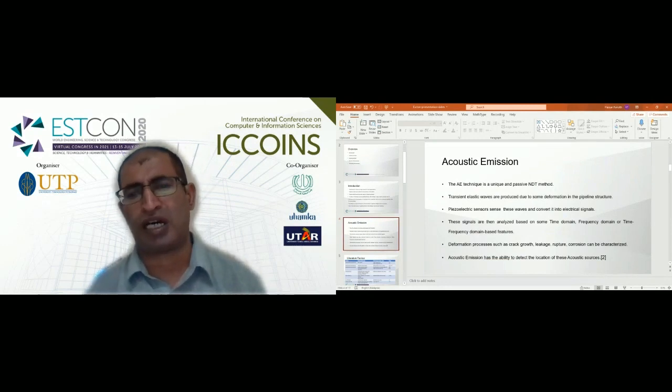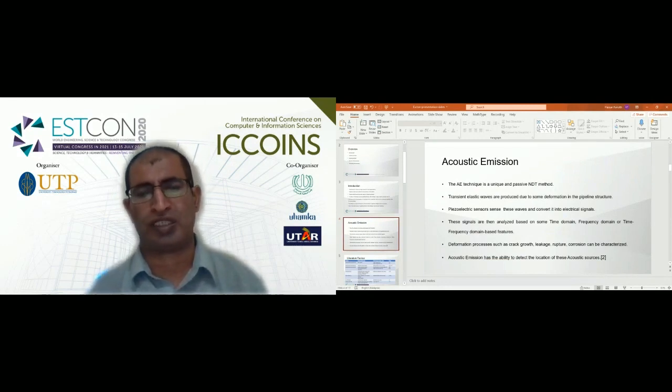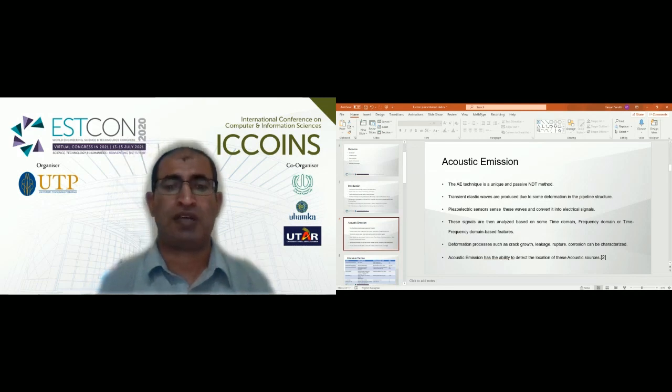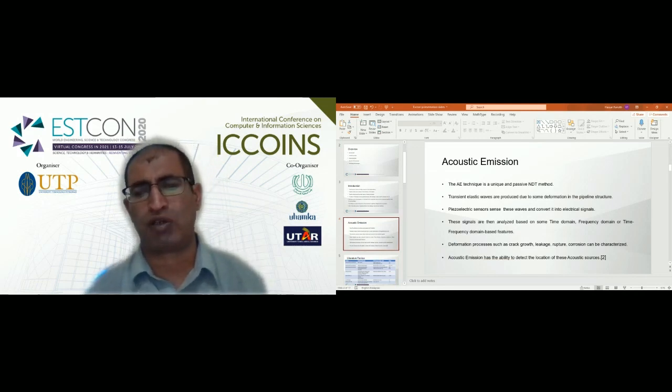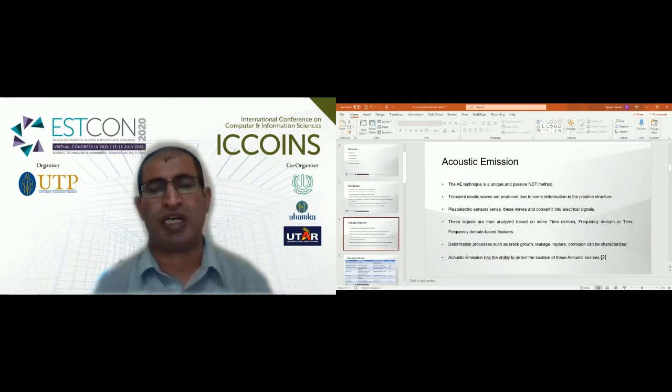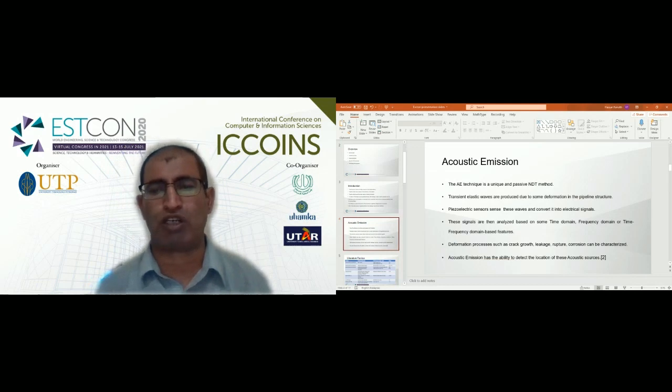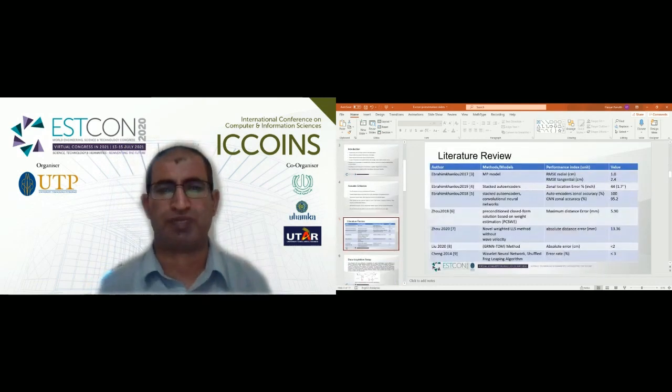Piezoelectric sensors are used to sense these waves and convert them into electrical signals. These signals are then analyzed based on time domain, frequency domain, or time frequency domain based features. Deformation processes such as crack growth, leakage, rupture, and corrosion can be characterized. Acoustic emission has the ability to detect the location of these acoustic sources.